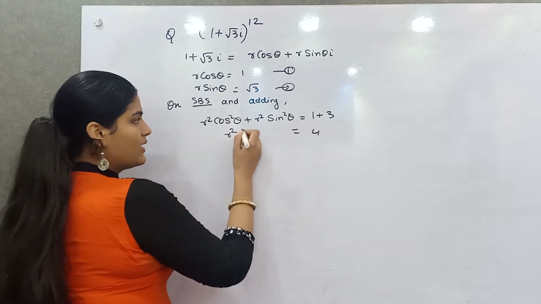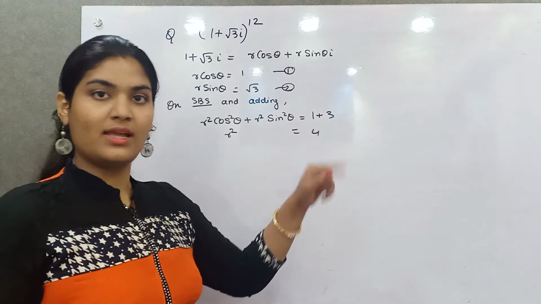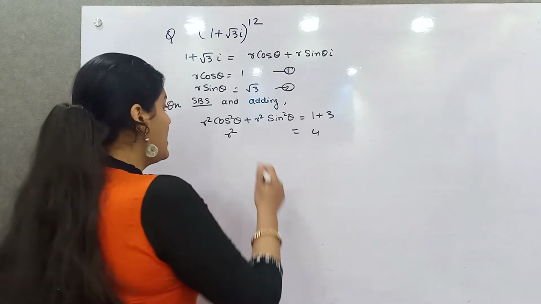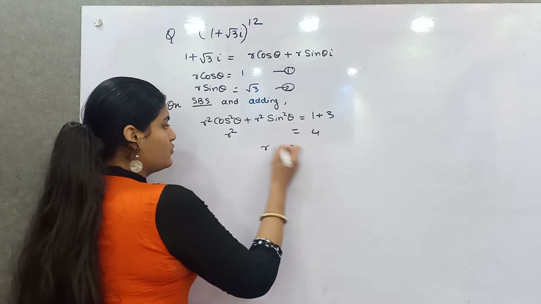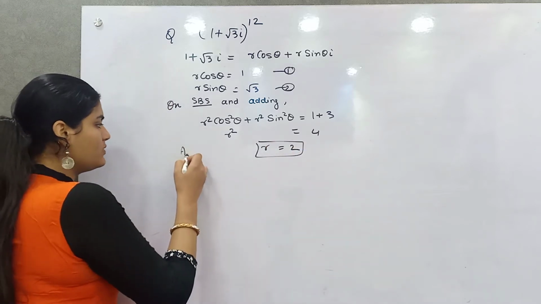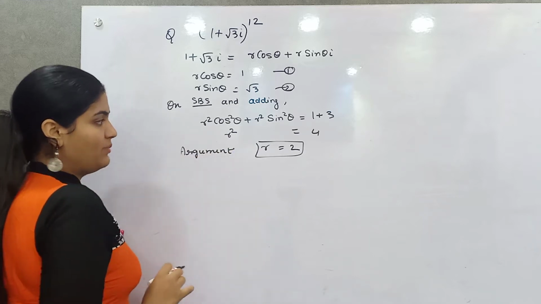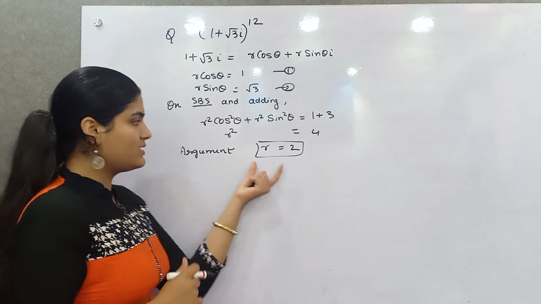You can take r square common. The rest is cos square theta plus sin square theta, and that is 1, right? So r square is 4, r is 2. You cannot take minus 2 because this is the argument or amplitude, which should be positive.